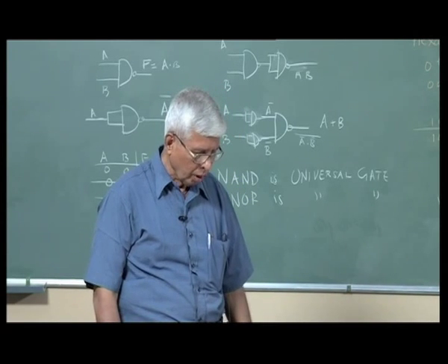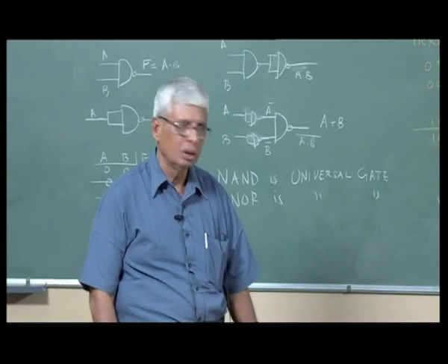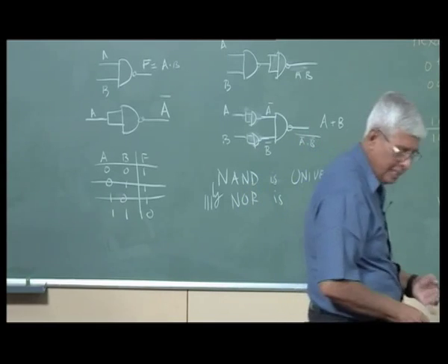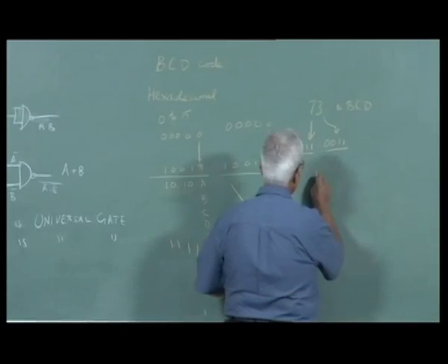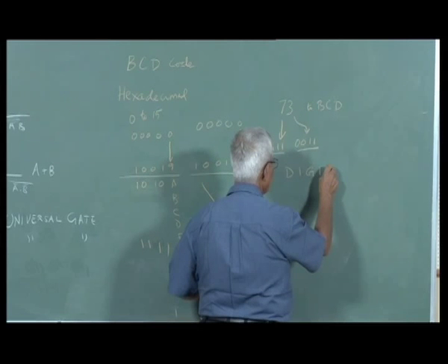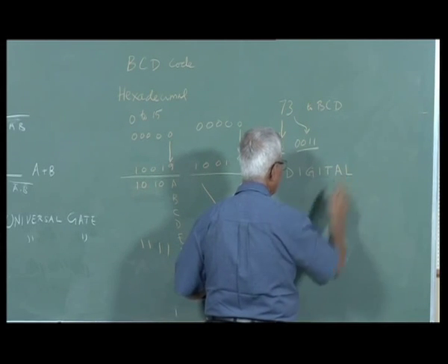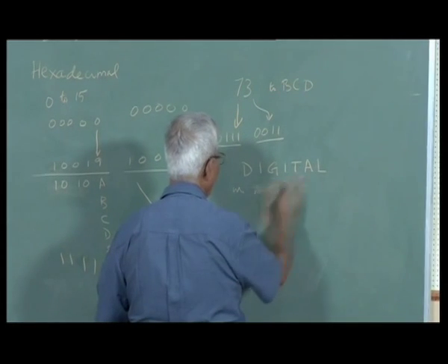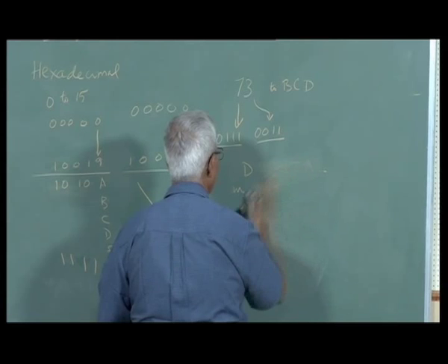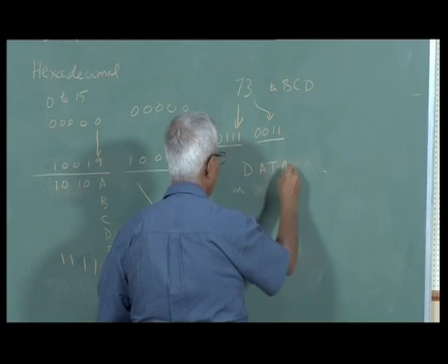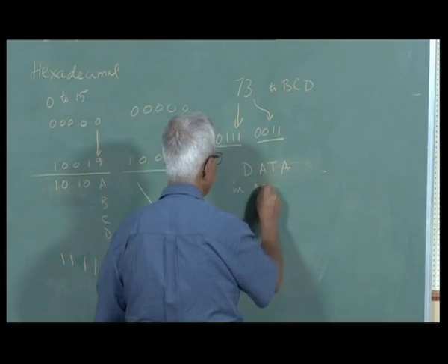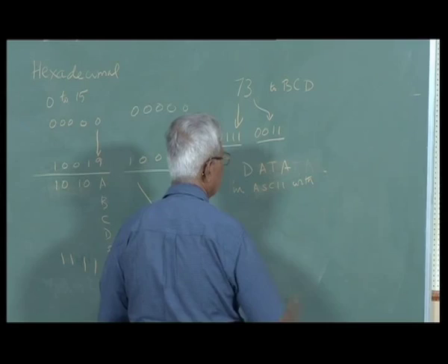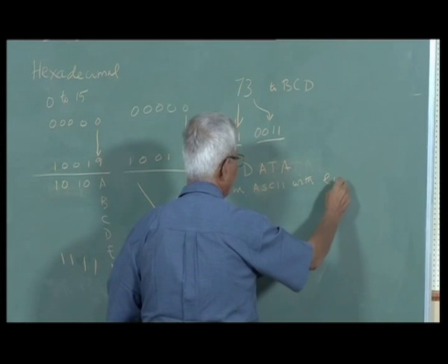Now, all of us know the ASCII codes: 7 bits followed by a parity bit. So I want you to write the word data in ASCII with even parity.